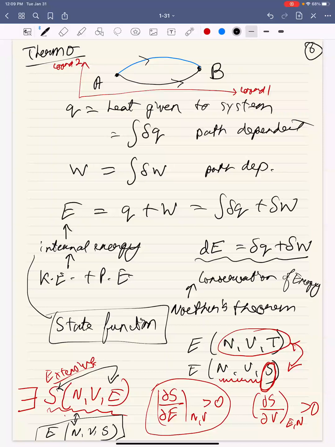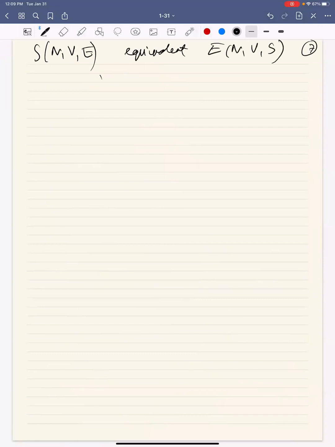It contains all information that you need to know. So S of NVE is equivalent to E of NVS, and both are thermodynamically complete.